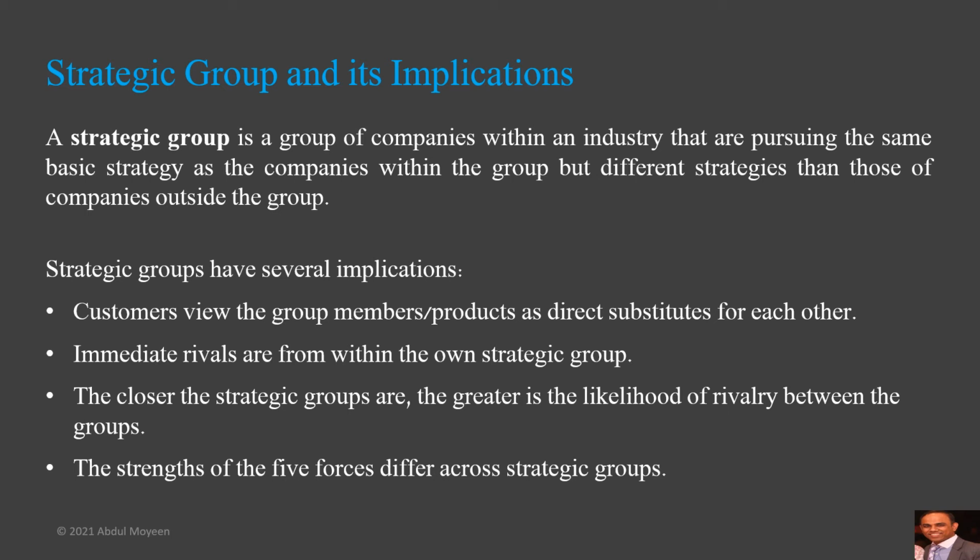So strategic groups are an important concept for managers to understand because they have several implications. First of all, because firms within a group pursue similar strategies, like Mercedes, BMW and Volvo, customers of these three automobiles view them as direct substitutes for each other.